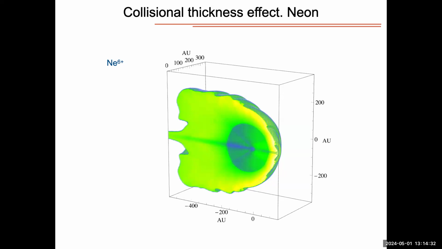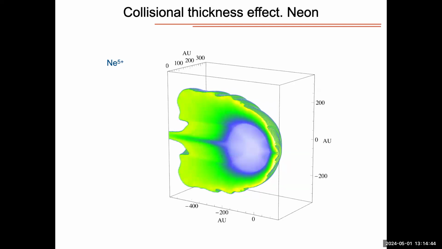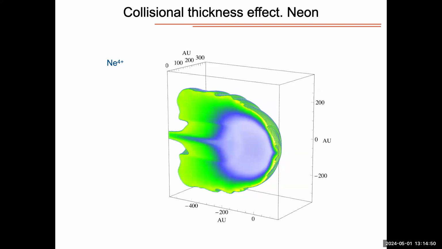It has ionization potential lower than the temperature in the corona. So you have actually production of neon 6 ions far away from the sun. Neon 5 is absent at the sun, so all of it is produced by charge exchange. So true for the neon 4. So that's the collisional thickness effect.